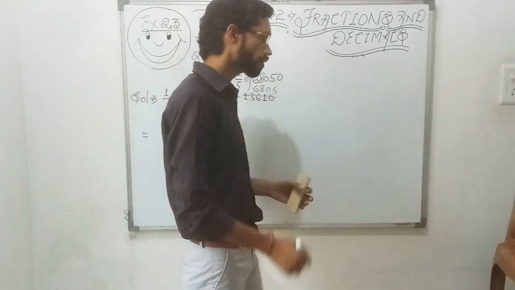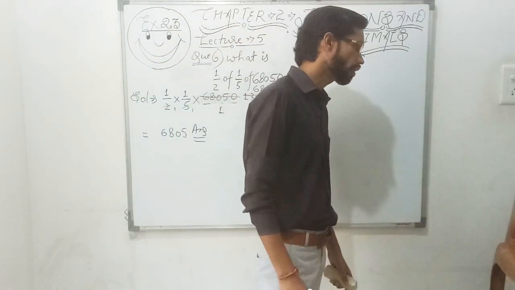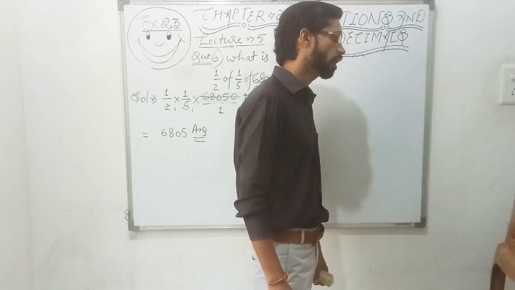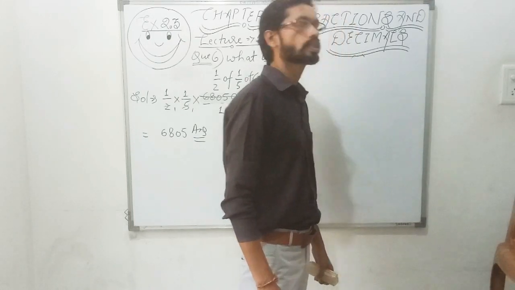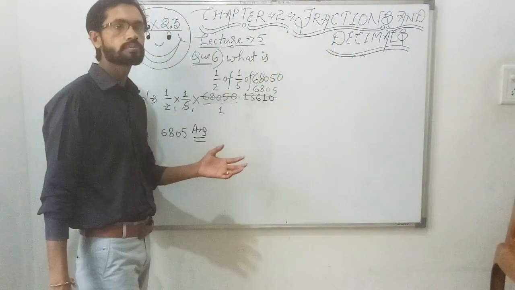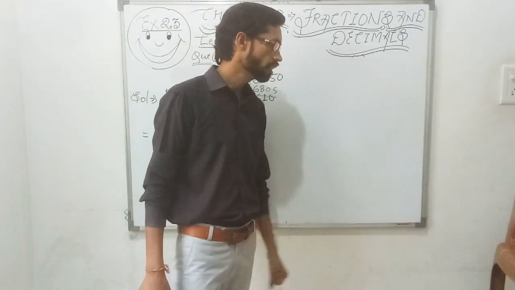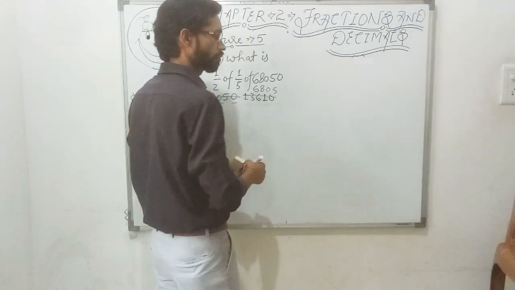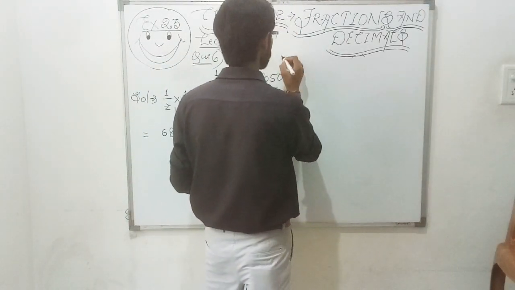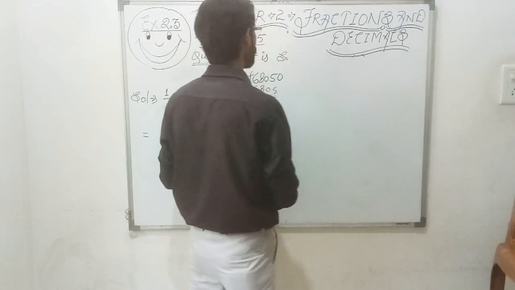Then how much distance will it cover in 2 and 1 by 2 hours at a uniform speed? That means a truck is moving with the same speed. Okay, so we put the heading question number 8.